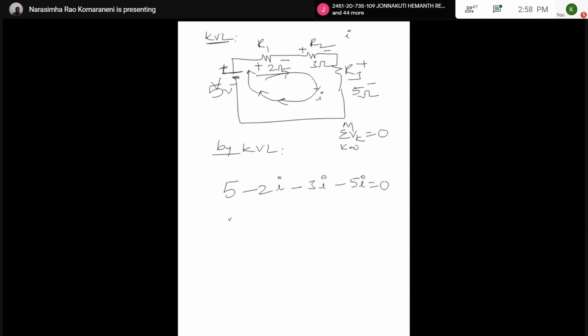So 5 equals 10I. Therefore I equals 5 by 10, that is 0.5 amperes. So in this loop, 0.5 amperes current is flowing.